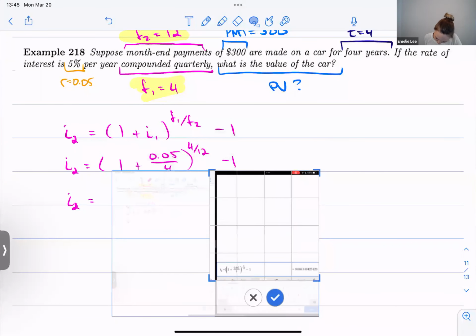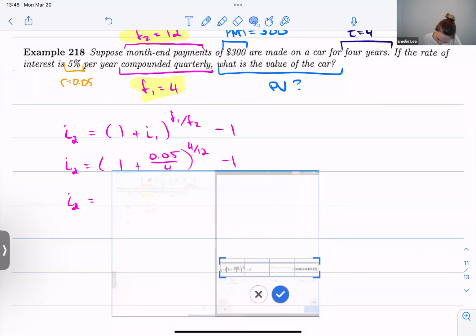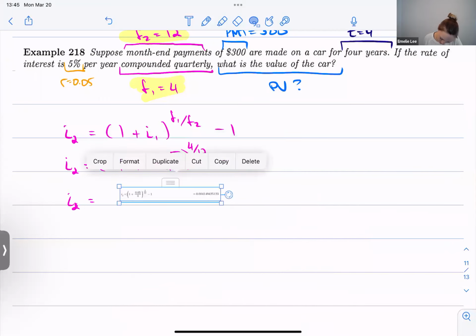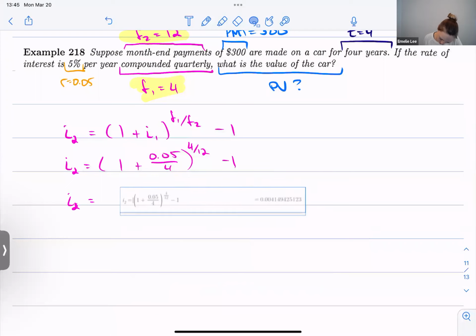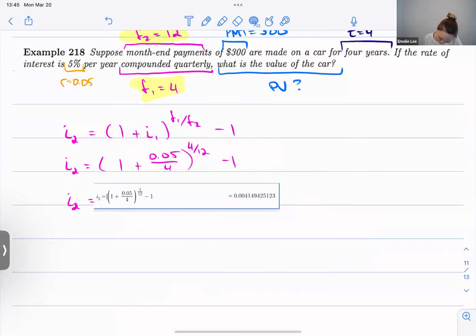And I'm gonna just bring that in here. So I get 0.004149, but you don't want to use a rounded value. You have to use all the decimal places, otherwise it'll be just slightly off. Okay?